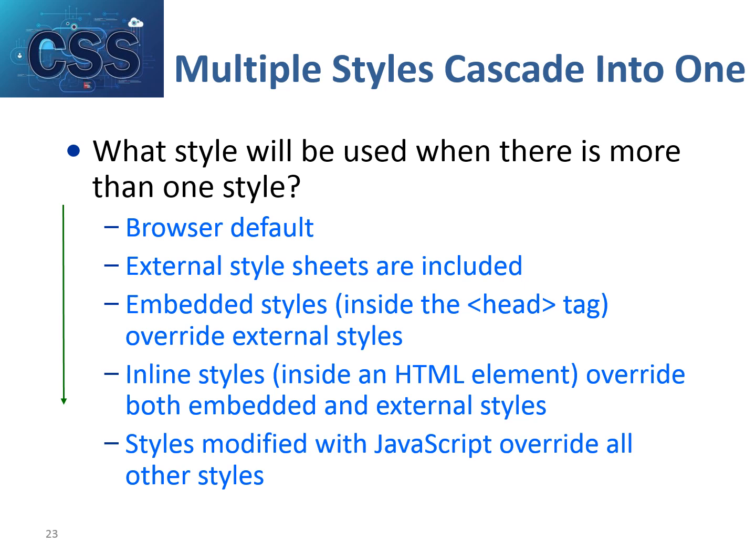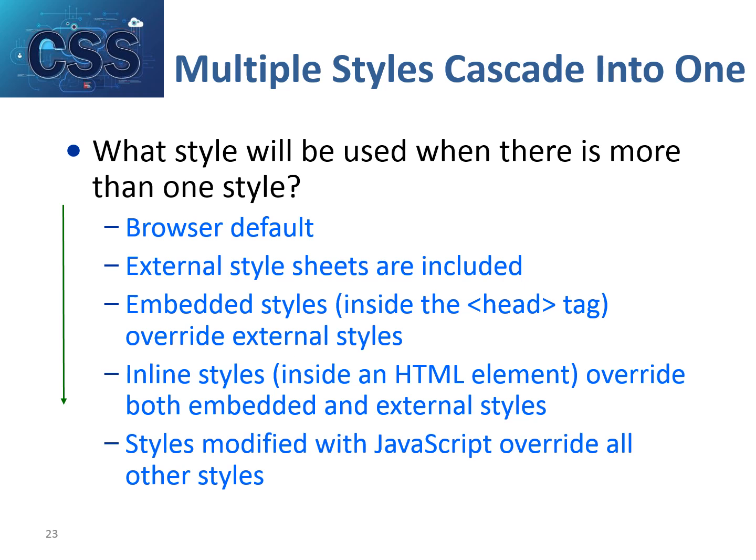Multiple style sheets cascade into one. One style will be used when there is more than one style: browser default, external style sheets, embedded styles, inline styles, styles modified with JavaScript. So we have different levels of style sheets.